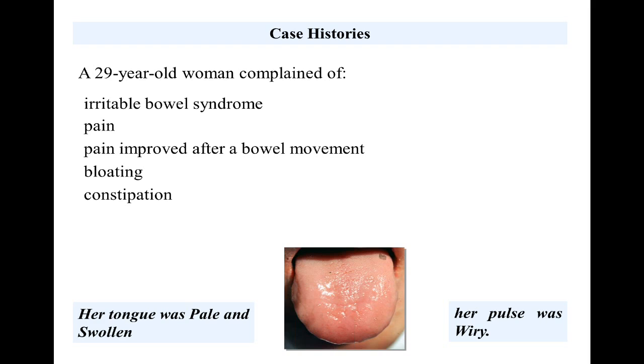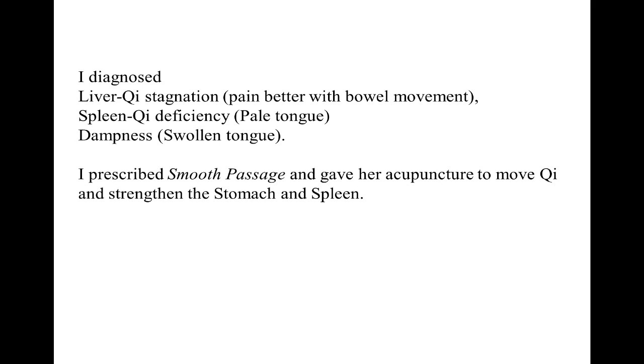So the symptoms strongly indicate Liver-Qi stagnation because of the symptoms and the wiry pulse, but the tongue also was pale, indicating Qi deficiency. And the remedy I use in this case is Smooth Passage, because it is the remedy that treats all three of those patterns.